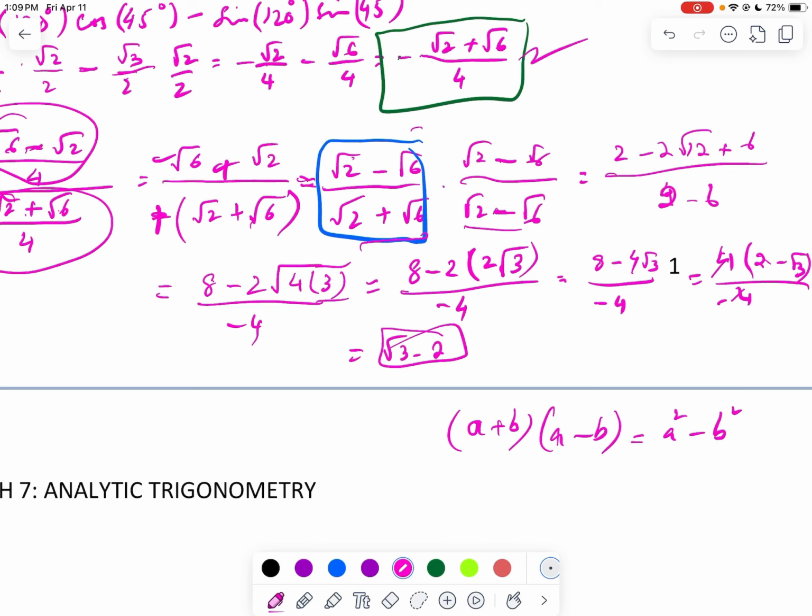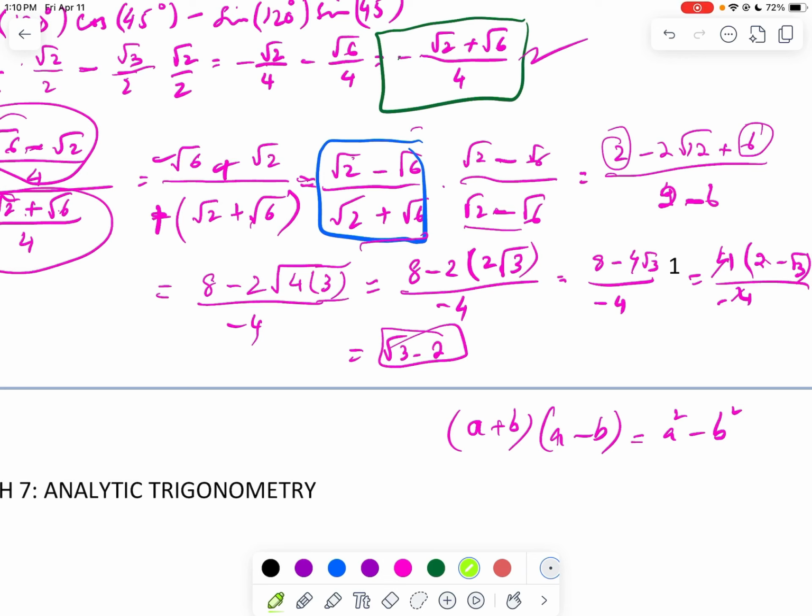So square root of 2 whole square minus square root of 6 whole square gives me 2 minus 6 in the bottom. In the numerator, you can multiply and you will see that you get 2 minus 2 into square root of 12 plus 6. Now 2 and 6 can be added together. They become 8 minus 2 into square root of 12.